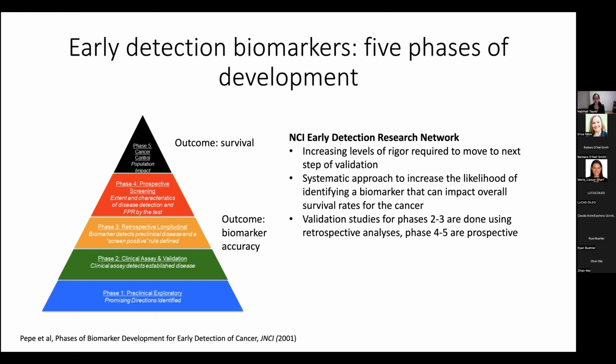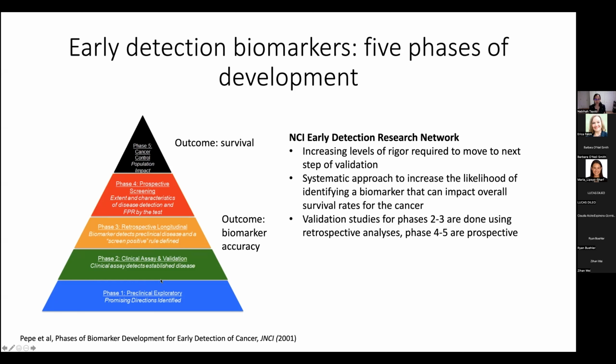So this systematic approach is likely to increase the likelihood of identifying a biomarker that can impact overall survival rates. By moving through each of these phases, at each point, the goal is to sieve out your potential biomarkers and find ones that are actually going to have an impact on survival rates.